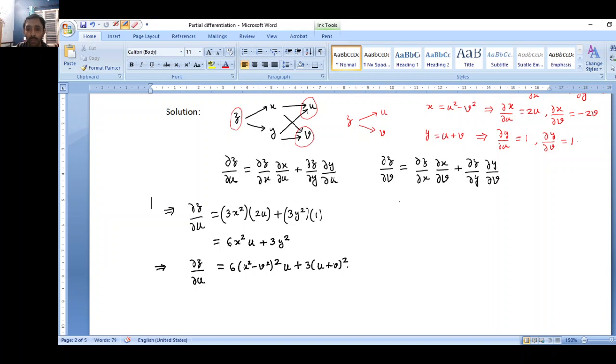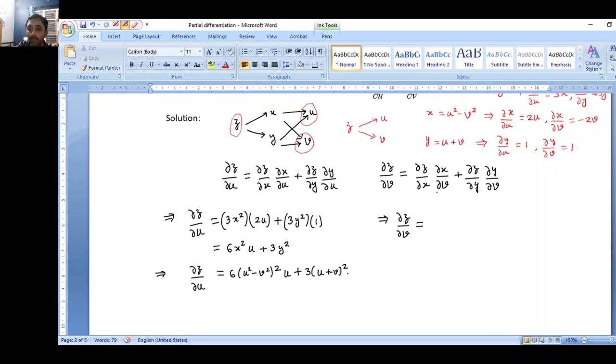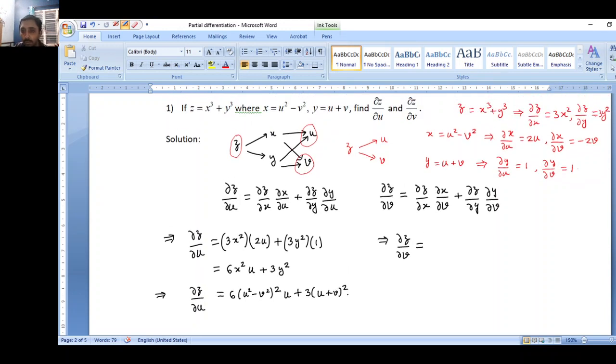Right? Now similarly, we can find ∂z/∂v. So ∂z/∂v equals ∂z/∂x. ∂z/∂x, as we can see here, is 3x².